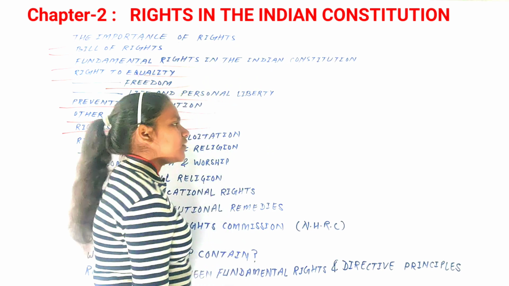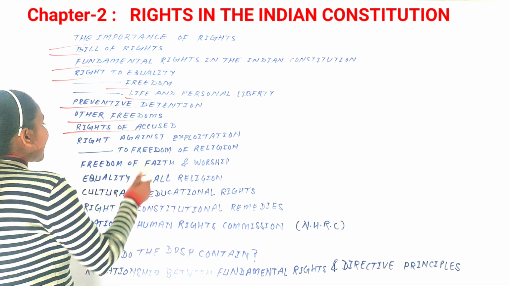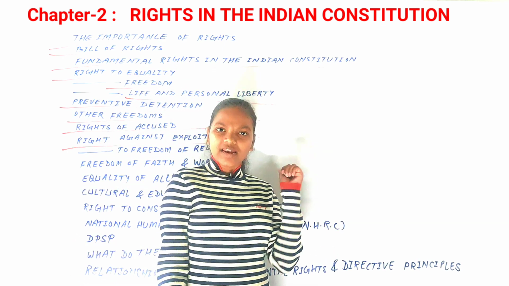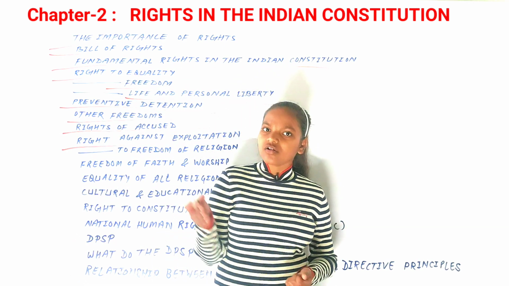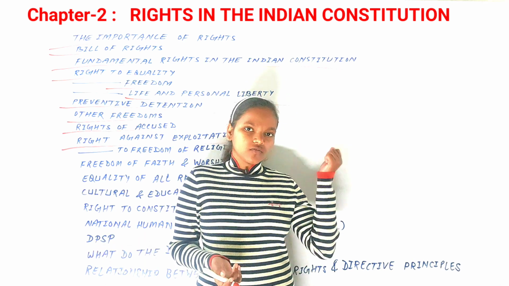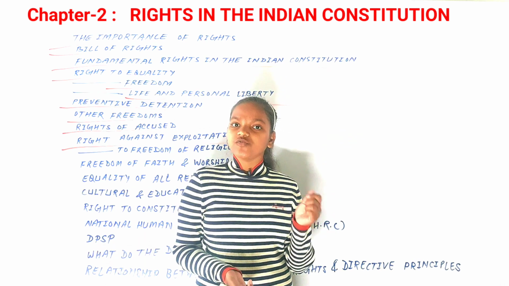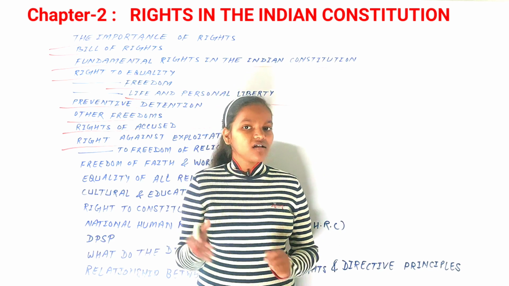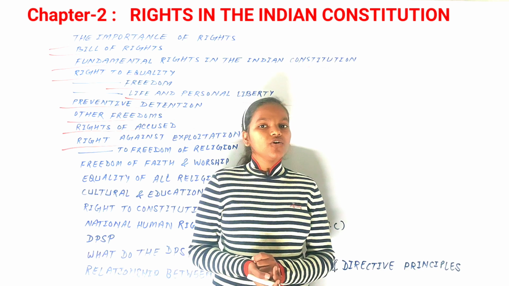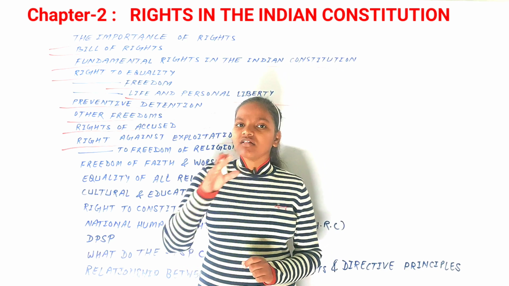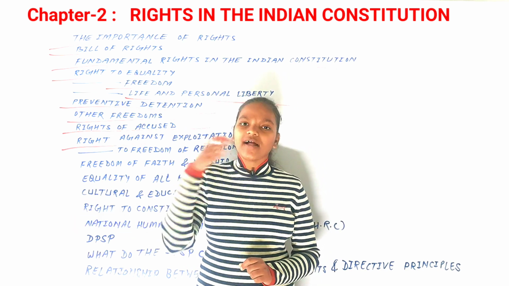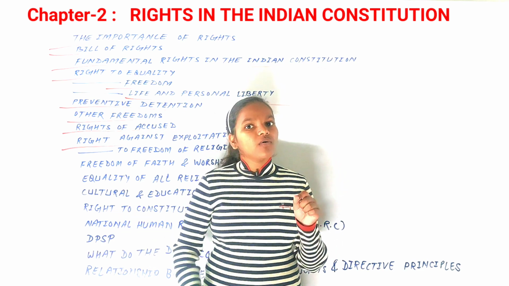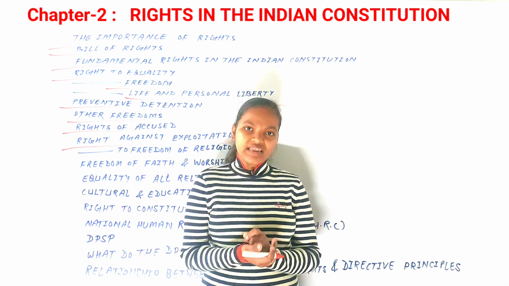Now next, moving on, we have a topic that is the right against exploitation. This is the third fundamental right that we have as citizens of India. The first was the right to equality, the second was the right to freedom, and now third we have the right against exploitation, where two articles have been stated. In our country there are millions of people who are very poor and underprivileged.